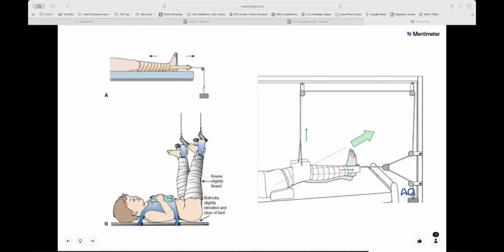What would happen if we had a knot in one of those lines? If we had, let's say, a knot right here, what could happen?